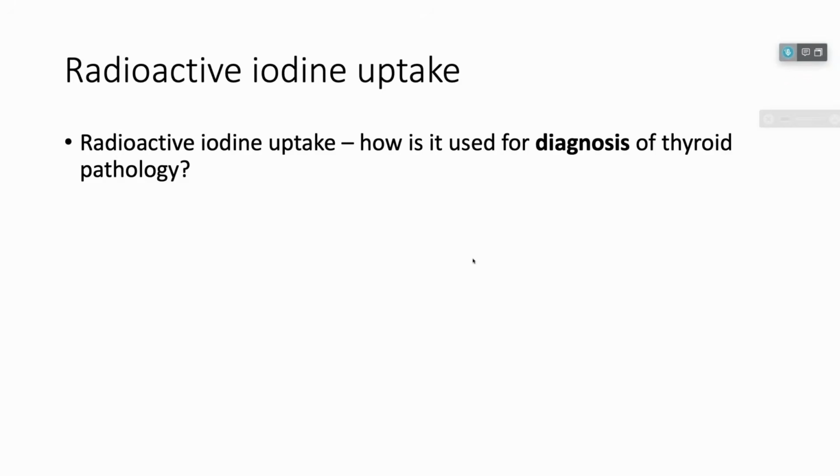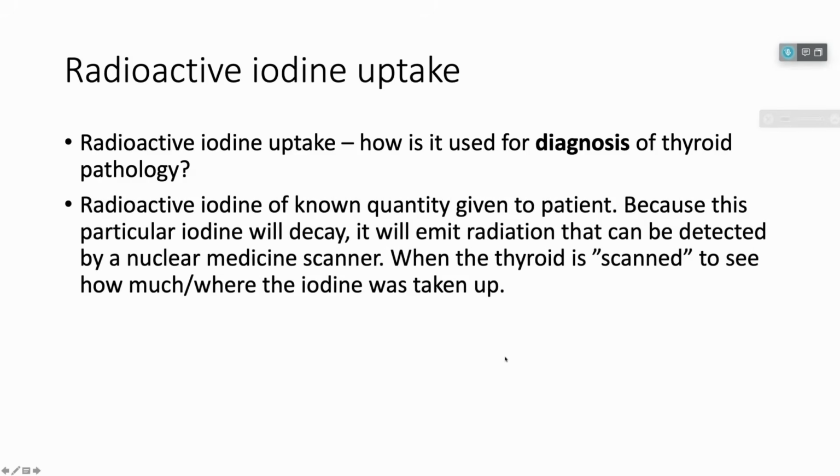Saying if the thyroid gland isn't working is a little vague. I guess I would say specifically, if you're not actively making thyroid hormone, then you wouldn't take up the radioactive iodine. But yeah, otherwise that's exactly it. So you give radioactive iodine. It's like in the case of radioactive thyroid ablation, right? It's radioactive iodine, but in this case it's different in the sense that the radiation it emits is not really toxic like the other kind of radiation.